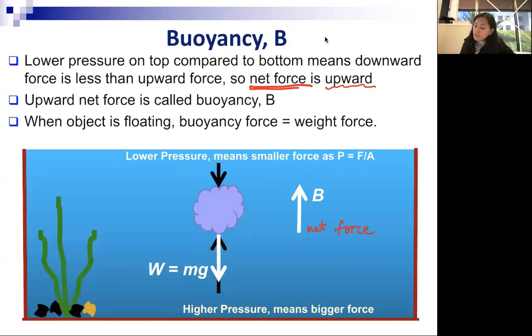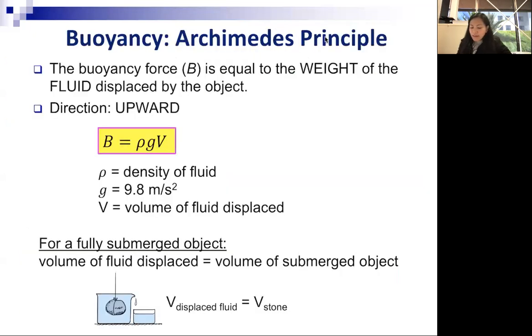Okay, so buoyancy force. According to Archimedes' principle, the buoyancy force is equal to the weight of the fluid displaced by the object. It's different to solid objects, because if you put an object in water, the object has volume, and so that object will displace some of the water in the container.